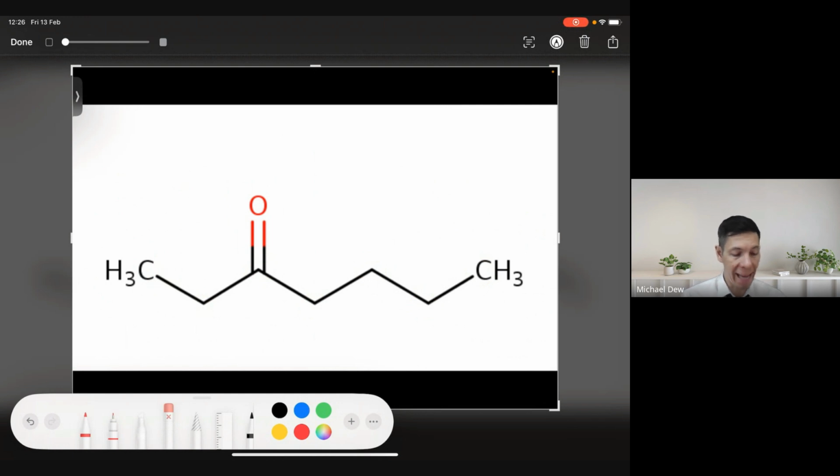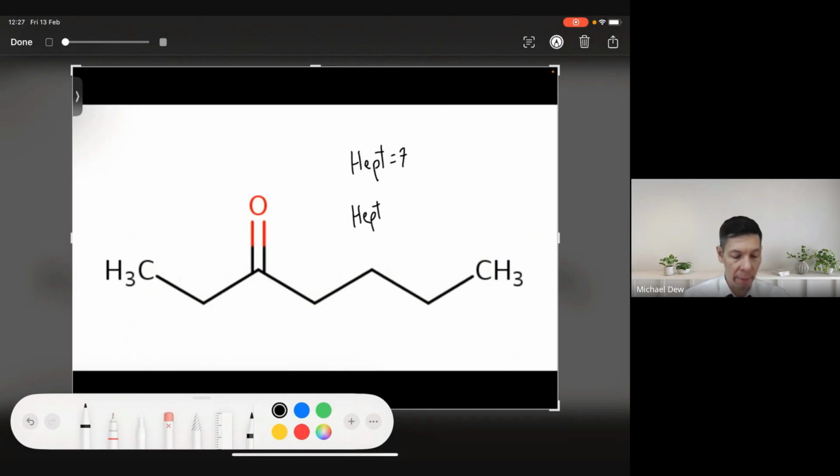We know 6 would be hex, H-E-X, because a hexagon has 6 sides. But for 7 carbons, we're going to use the prefix hept, H-E-P-T. So hex would mean 6, hept would mean 7. So we're going to use H-E-P-T to start off with.